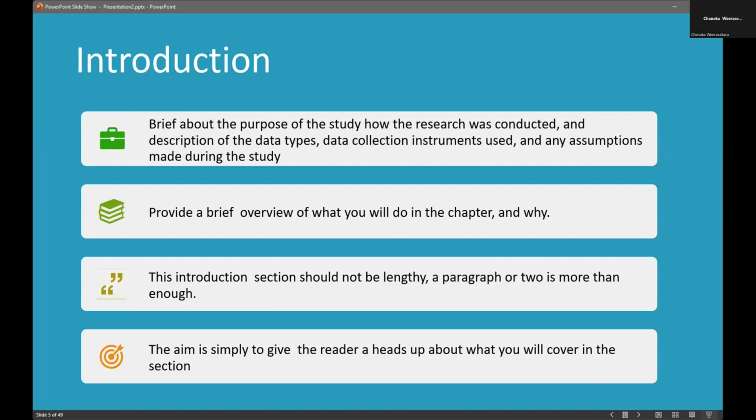It's just to give the reader a starting point to anchor into the results chapter. As I mentioned in the last point, the aim is simply to give the reader a heads up about what we are going to cover in this section, what he should expect. So that is it. Very important.